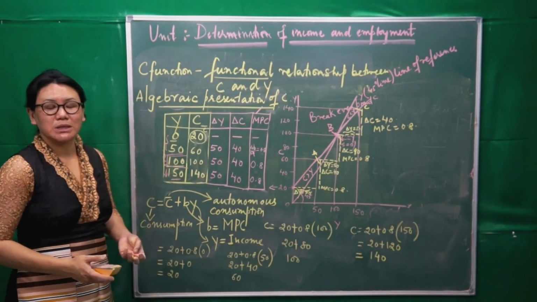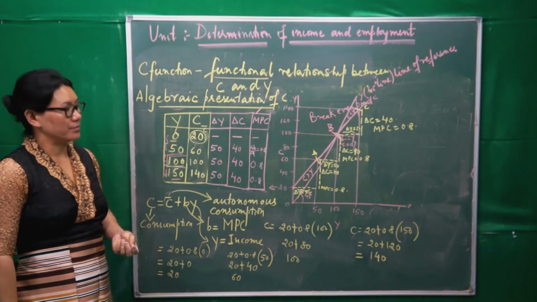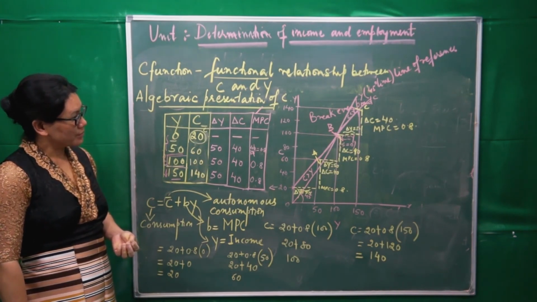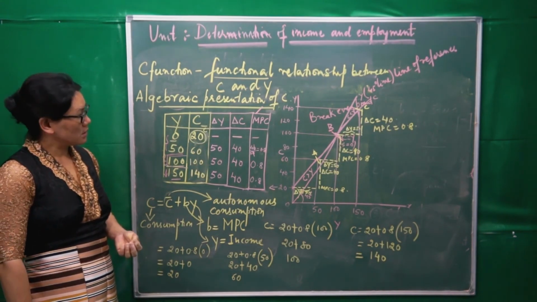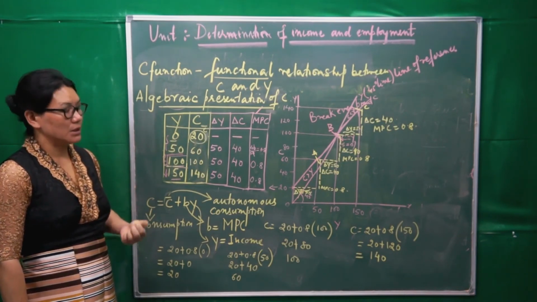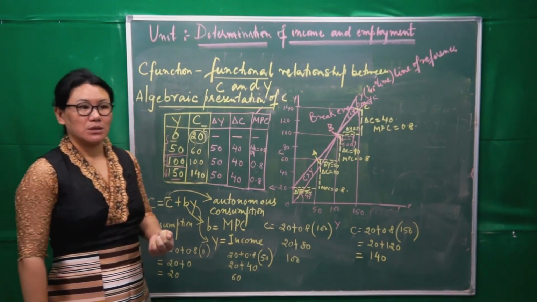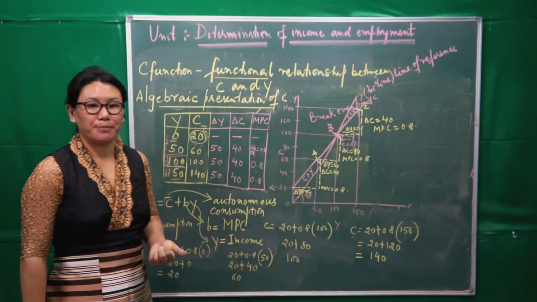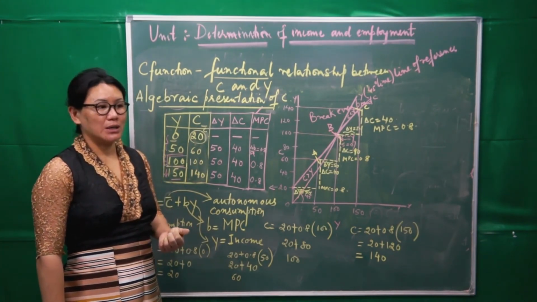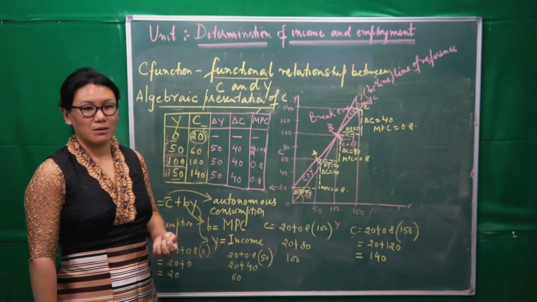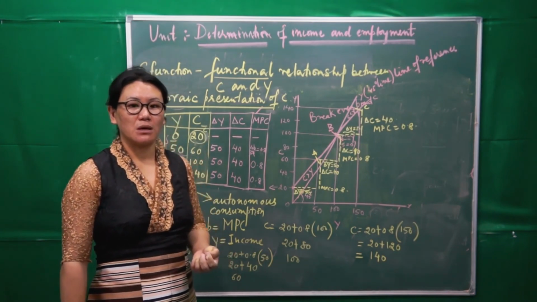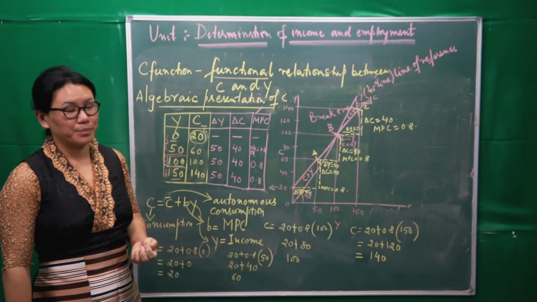So this is all about the consumption function. Now let me recapitulate some of it in brief. The first one was the consumption function concept, which shows the functional relationship between C and Y. Then we saw the behavior of C, which is related to income.